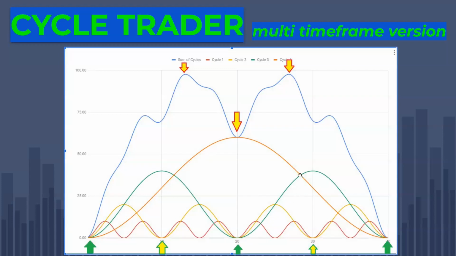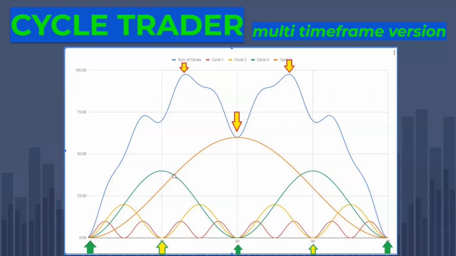And here you have two conflicting cycles. At that point, the green cycle would have an important significance for bulls, because its strength would be stronger than the down pressure from that orange cycle. So normally the rule of thumb is the cycle reaches its maximum strength when it goes into the final half of the down cycle.